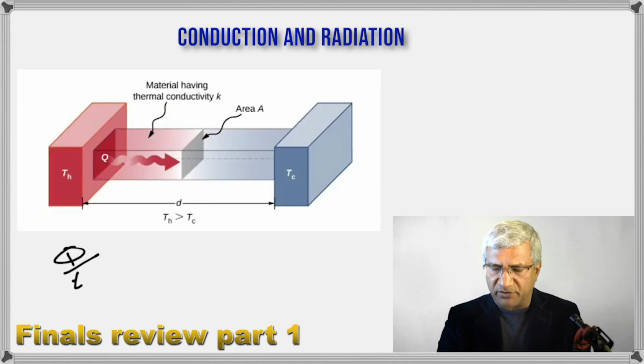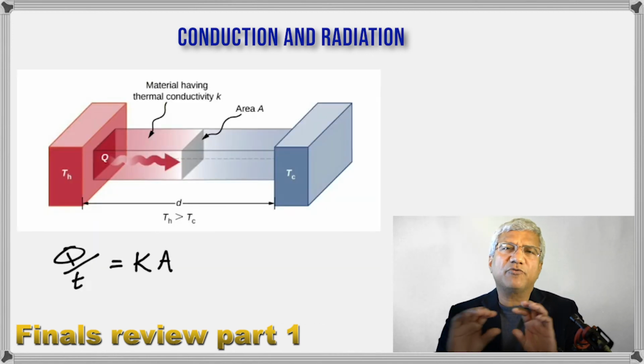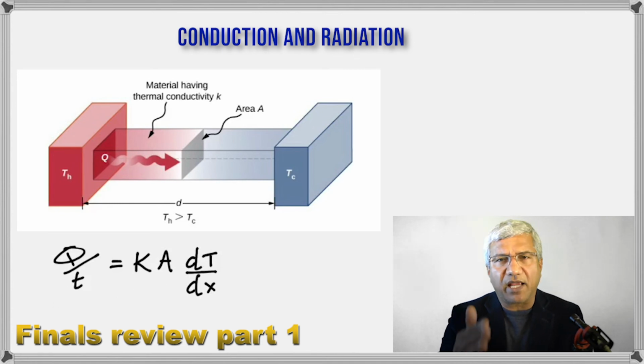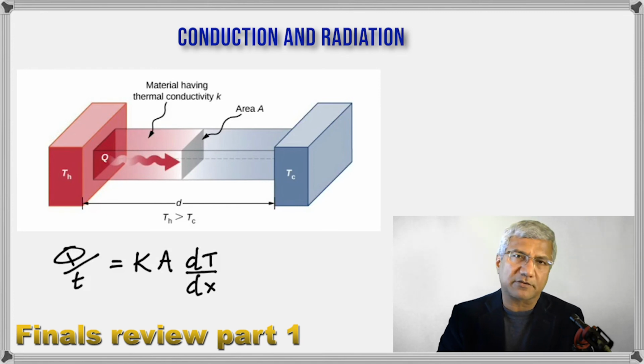And we need to study conduction in detail. If you take a rod and heat one end, the quantity of heat conducted in t seconds is given by this formula: Q = K A dT/dx times t.